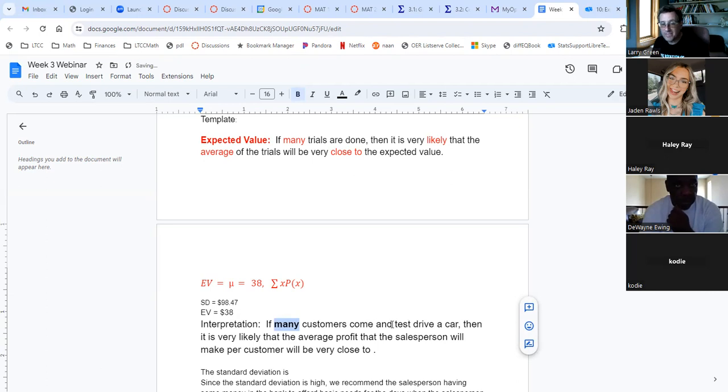Customers come to test drive a car, then it is very likely that the average profit that the salesperson will make per customer will be very close to $38. So what do you think? Is it a good job or not?